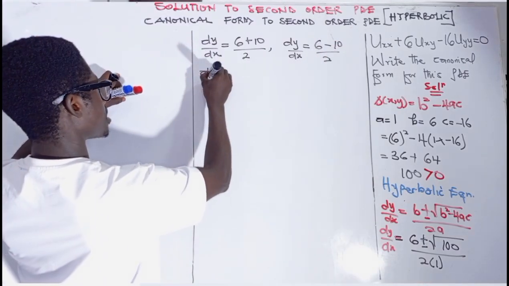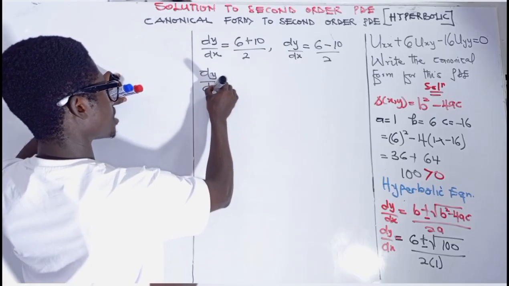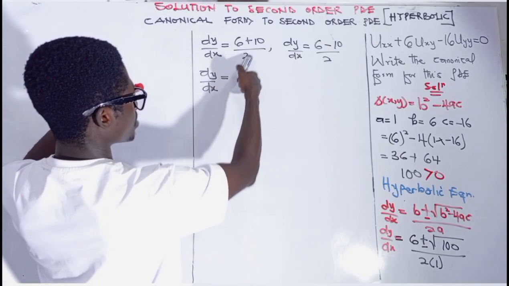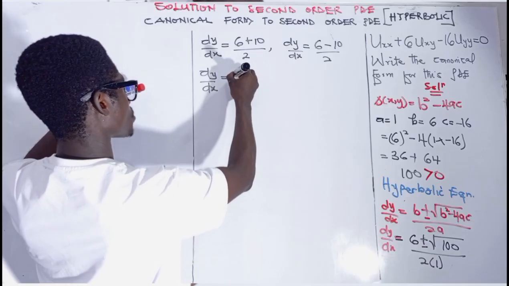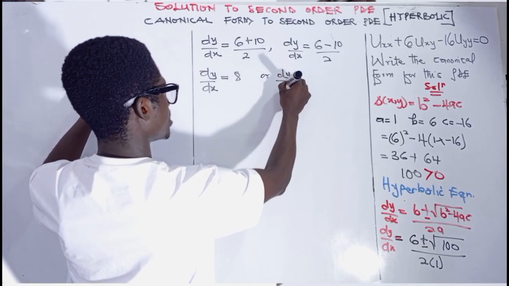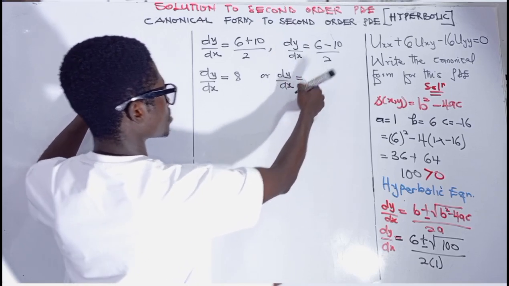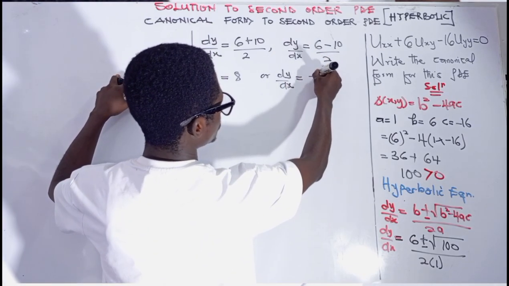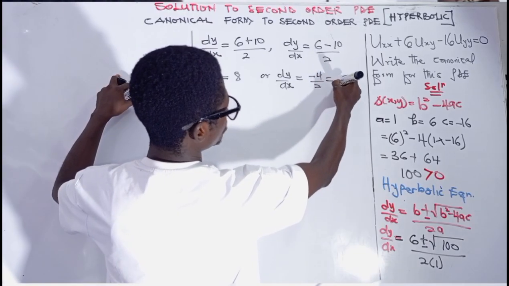So from here you can see our dy/dx is equal to what? 16 divided by 2 gives us what? 8. Or we have our dy/dx is equal to 6 minus 10 will give us what? Minus 4 divided by 2, and that is what?